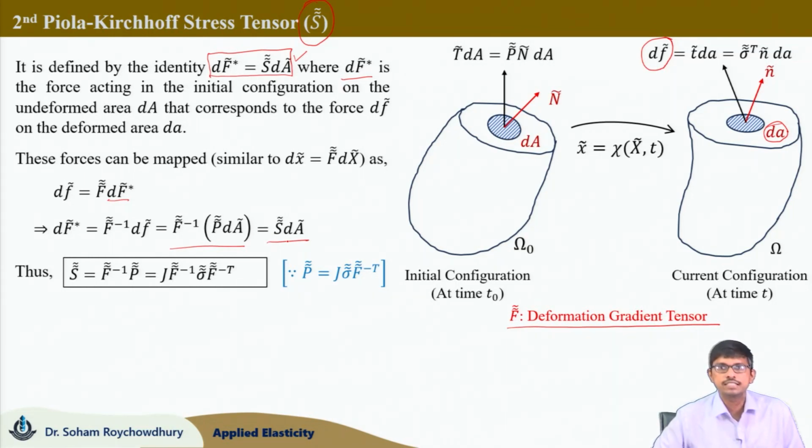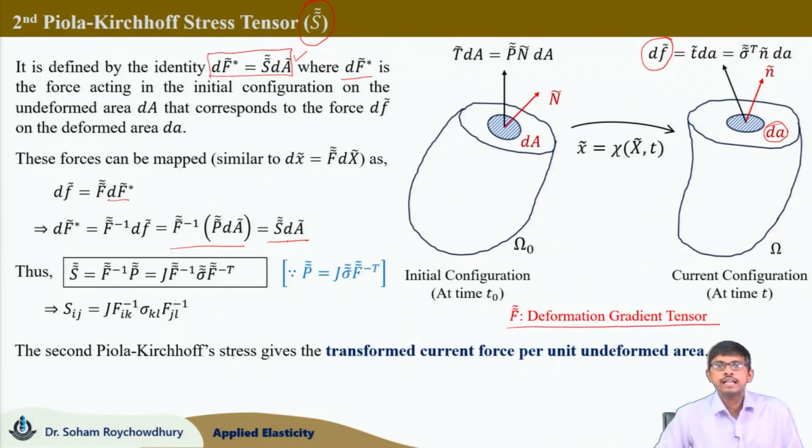So, if you compare this with S dA, we simply get S, the second Piola-Kirchhoff stress tensor, as F inverse P, and as we know, P was already shown to be J times sigma F inverse transpose. Substituting that here, S equals F inverse P becomes J F inverse sigma F inverse transpose. And in index notation, the components of the second Piola-Kirchhoff stress tensor S_ij can be written as J times F_ik inverse sigma_kl F_jl inverse.